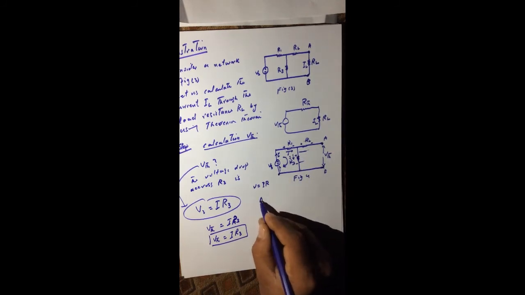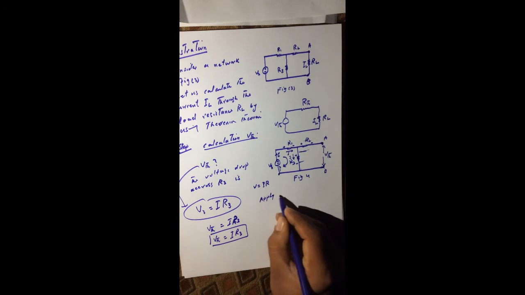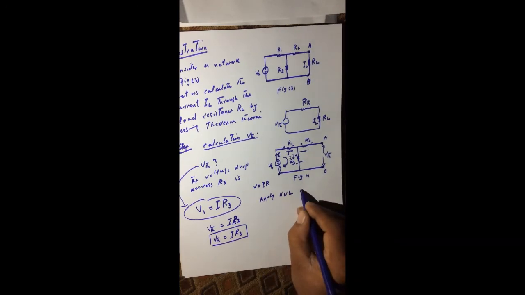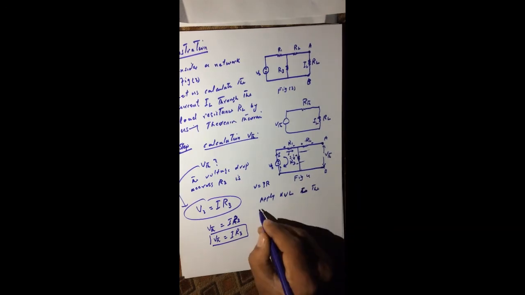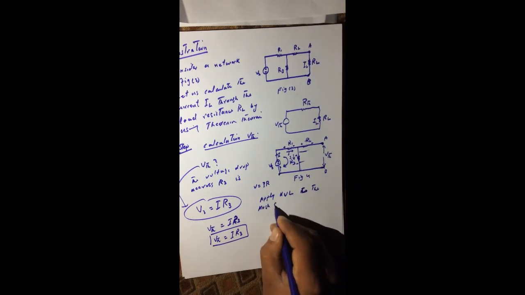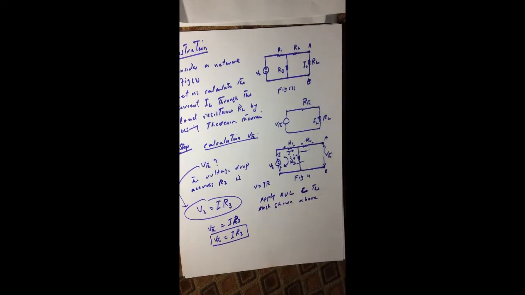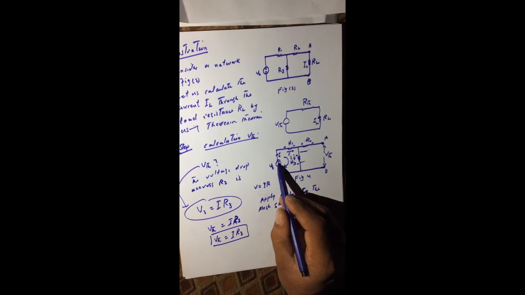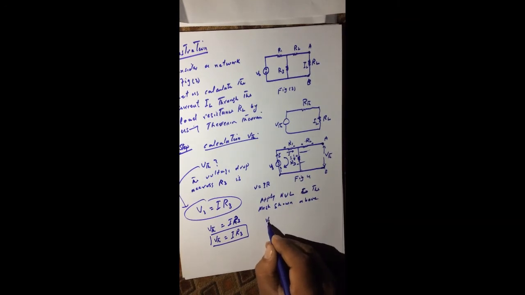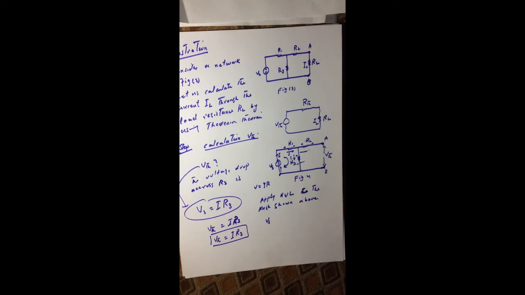Now apply Kirchhoff voltage law to the mesh shown above. Look at here, we are moving from minus to plus, from lower to higher, so Vs will be positive.